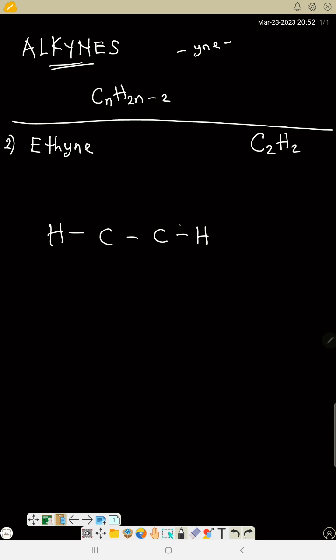But the bond for carbon here is 2, and the bond for carbon here is also 2. So it's not balanced, and carbon must have 4. I cannot put another bond on hydrogen. If you put another bond there, it means hydrogen will have 2 bonds and it's wrong. So hydrogen must have 1 bond.